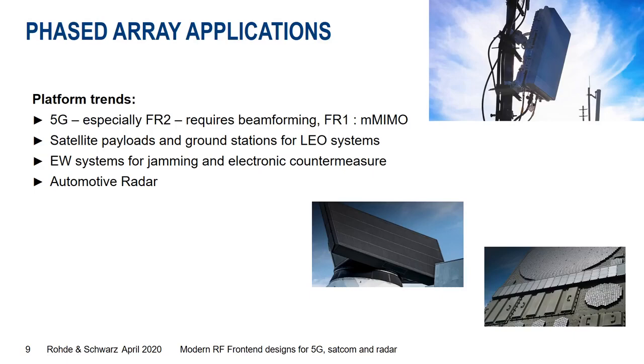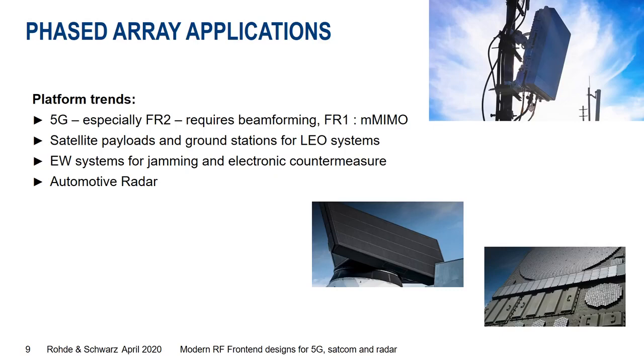Satellite payloads and ground stations, especially for low Earth orbit systems, are directly on the verge to move to phased array applications, and are starting to use it more and more. We see it at first at the ground stations, but also the first satellite payloads are in operation which support phased array systems.